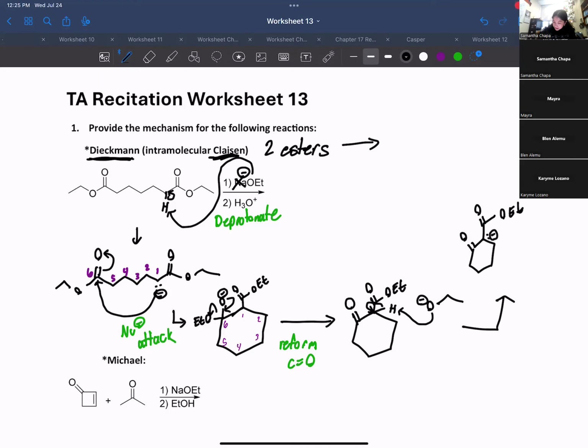Like this. And then the conjugate acid, or I believe it's H3O plus, because we're adding H3O plus in this mixture. Yeah, this H3O plus is going to go ahead and protonate this right here.